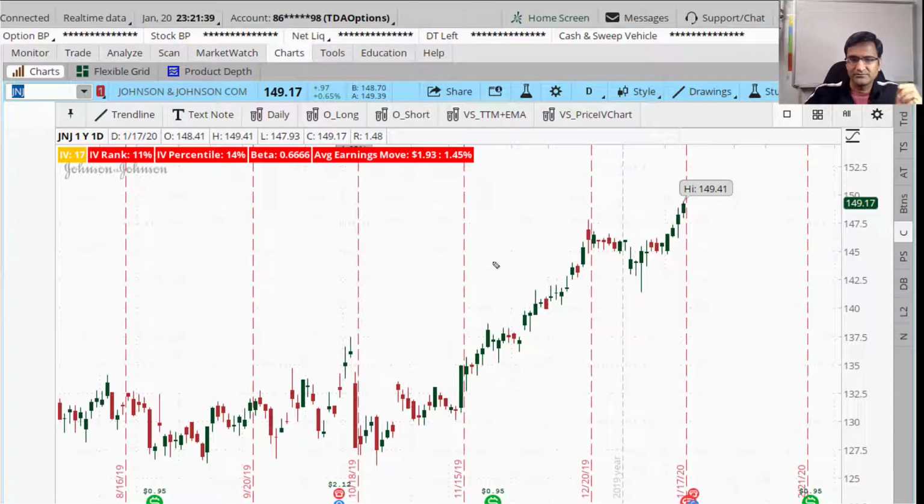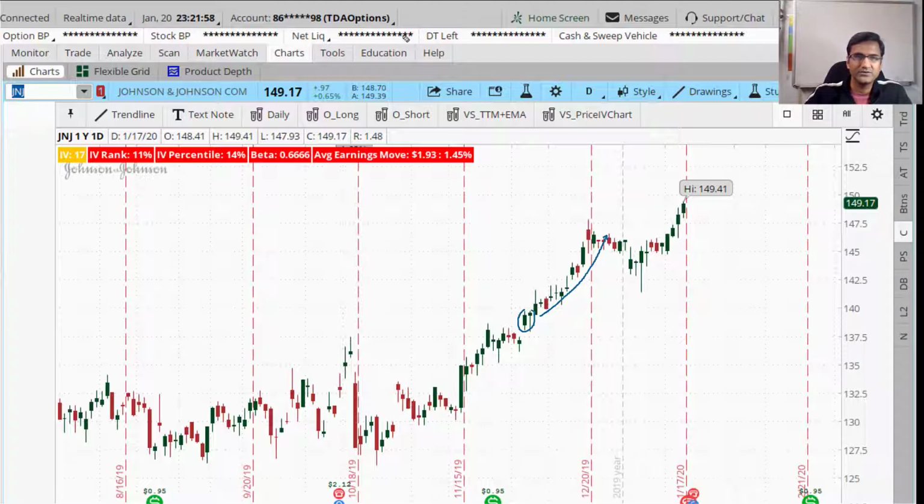But who knew that after we put on the trade here, J&J would go just parabolic up. I had no idea where the stock was going to go. I always say I don't know where the stock is going to go, but J&J made a huge parabolic move upward.